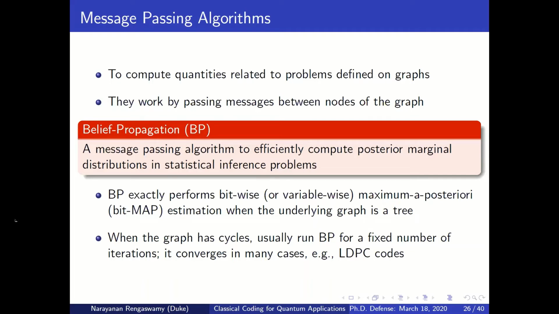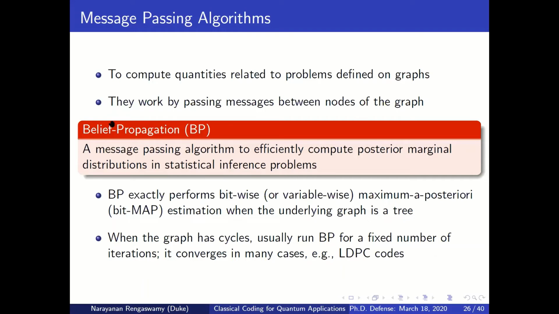And if your graph is a tree, then this is actually optimal in terms of getting the lowest possible probability of error. When the graph is not a tree, you cannot prove such a strong result, but empirically, we usually see that it works quite well in many cases.